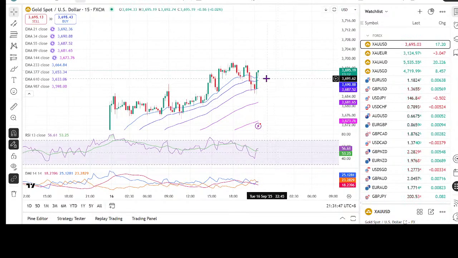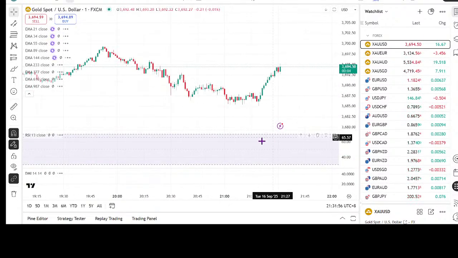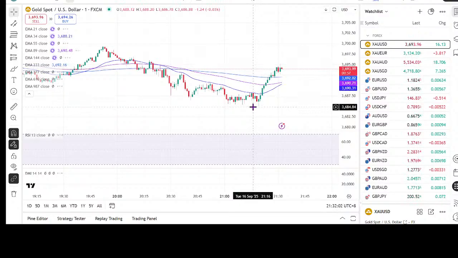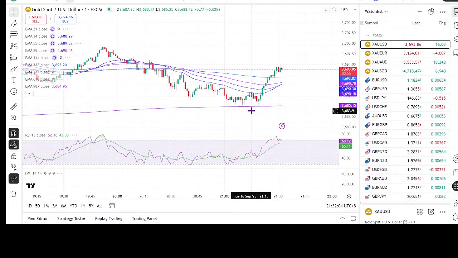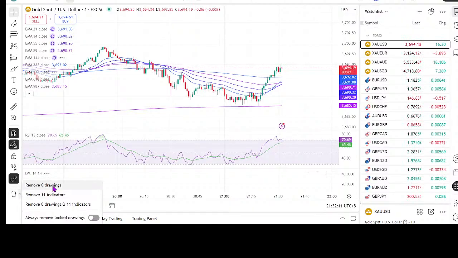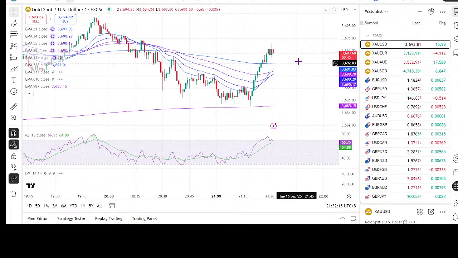So now what I'm going to do is, since this is showing strength, I want to go for a buy. Early on my view was, of course initially my view was bullish, but after the data came out from the retail sales, it became a bit bearish, and now this is back to bullish again.